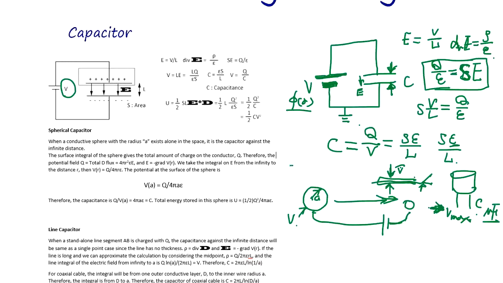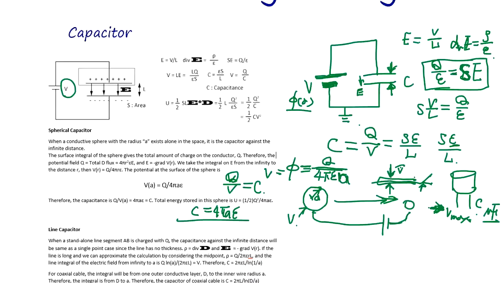Since phi equals Q over 4 pi epsilon R, at the distance A it's going to be A. This is the voltage. So Q over voltage is the capacitance, right? So capacitance is going to be 4 pi A epsilon.